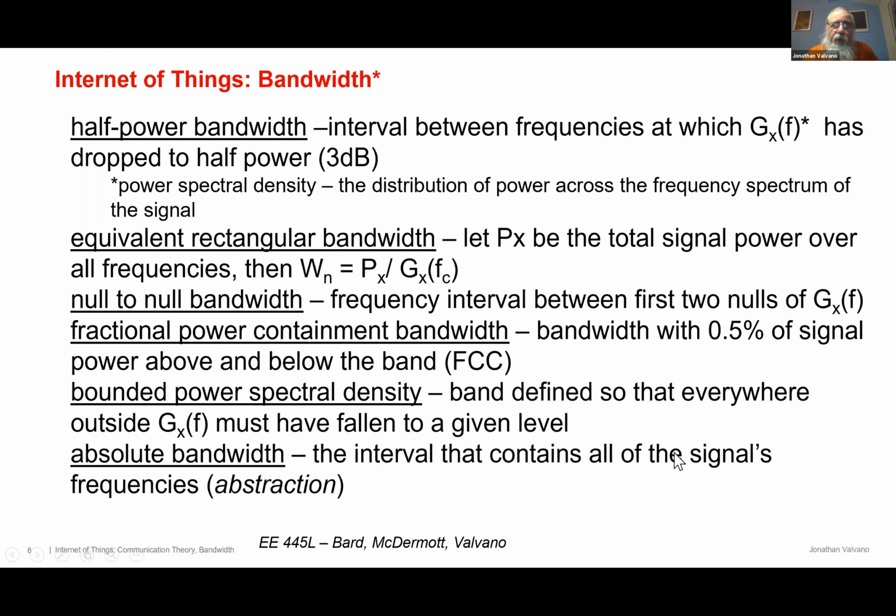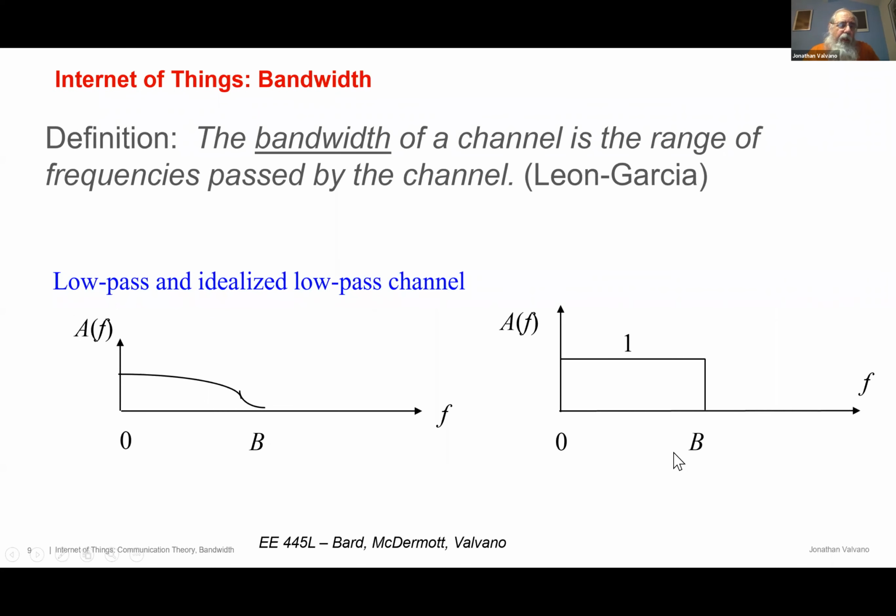I'm just warning you, the world is not consistent. So the bandwidth in this chapter of the book is associated with gain versus frequency. If a channel can pass from 0 to B, we're going to define B as the bandwidth.